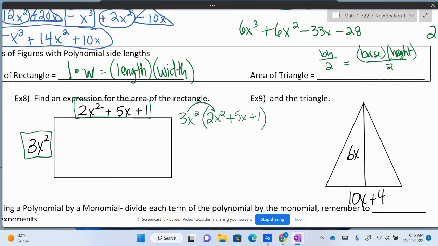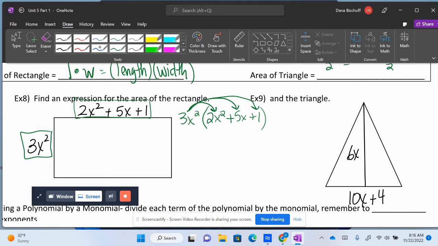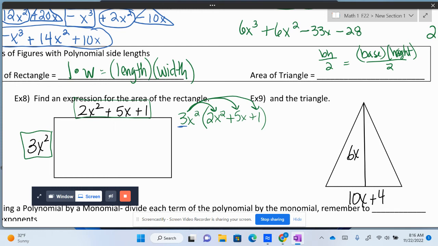So I'm going to distribute, multiply the guy on the outside by each term on the inside. So 3 times 2 is 6. And x squared times x squared becomes x to the 2 plus 2 is 4.